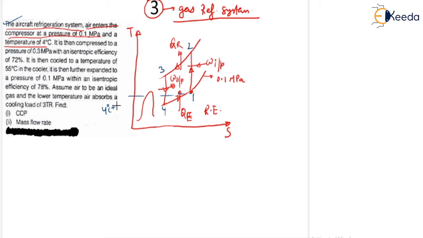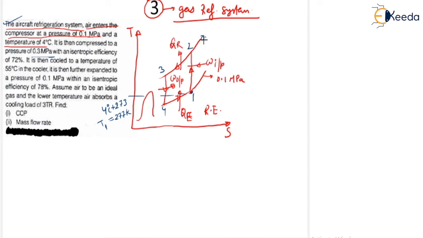And if you want to write this temperature in Kelvin, you have to add 273. That means 277 Kelvin. This is your standard temperature T1. And now it is compressed to a pressure of 0.3 megapascal.